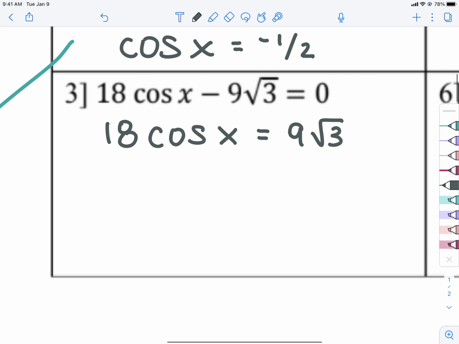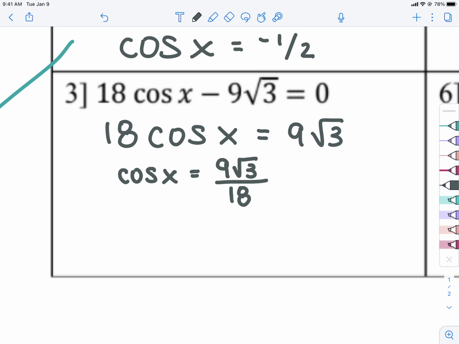Make it bigger so we can see. So now I've got to get cosine by itself. I've got to get rid of that 18. I'm just going to divide, because they're side by side, so the opposite of multiply is divide. I get cosine of x equals 9 root 3 over 18.